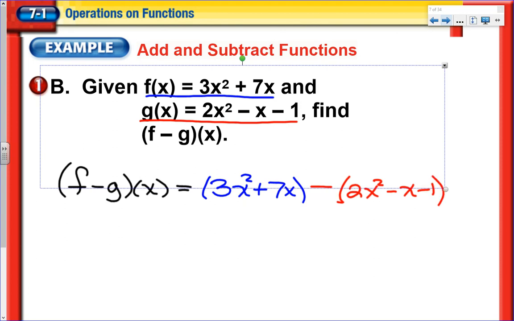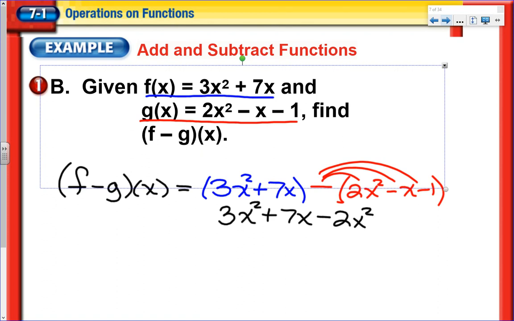And now at this point, this minus sign has to get distributed to everything in there because we are subtracting the entire g function. So it actually is now 3x squared plus 7x minus 2x squared plus x plus 1.